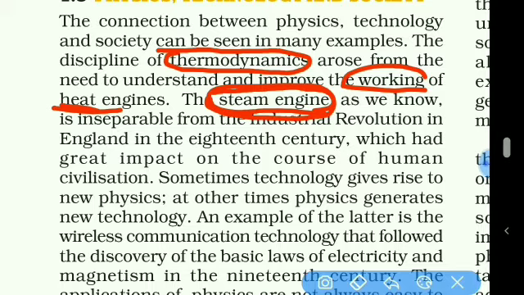And after this invention of the steam engine in England, the Great Revolution came in the 18th century. With the help of this steam engine, transportation became easy.